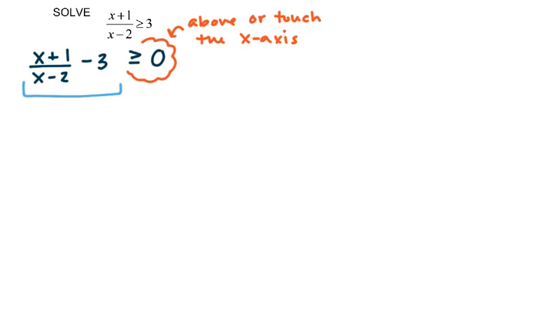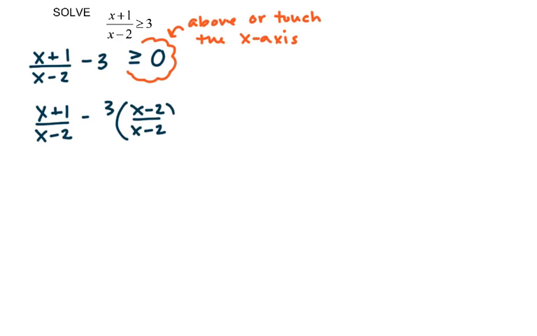And in order for me to add those terms together, I have to get a common denominator. So here I have (x plus 1) over (x minus 2). I'm going to take that 3 and multiply it by (x minus 2) over (x minus 2).